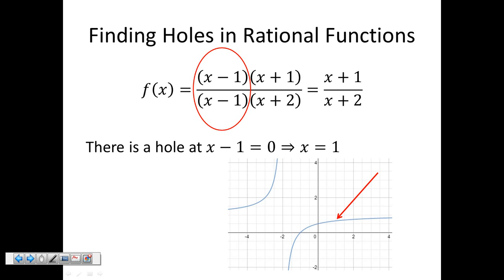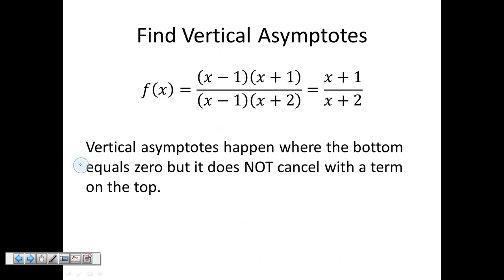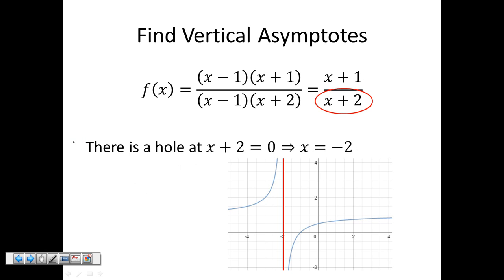Now you can kind of see where my vertical asymptote is, so let's take a minute to talk about that. My vertical asymptotes happen where the bottom equals 0, but it does not cancel out with the term on the top. So the x plus 2, it's a spot where the bottom can equal 0, but it doesn't get canceled out by any terms on the top.